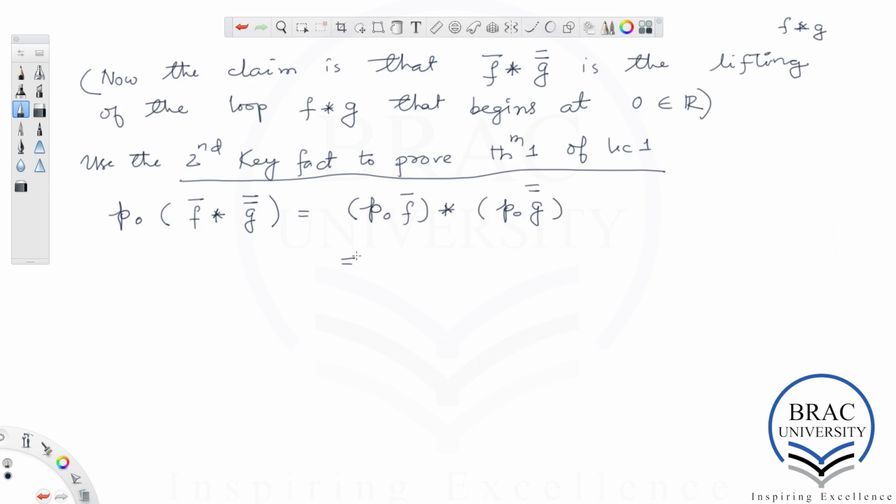So since F bar is the lift of F, we have P composed with F bar equal to F, and since G double bar is a lift of G, P composed with G double bar is going to be equal to G.